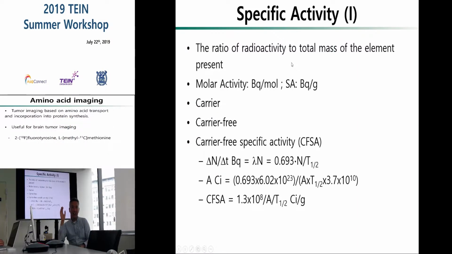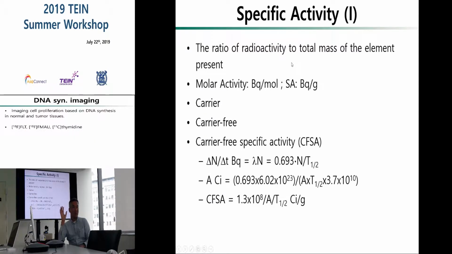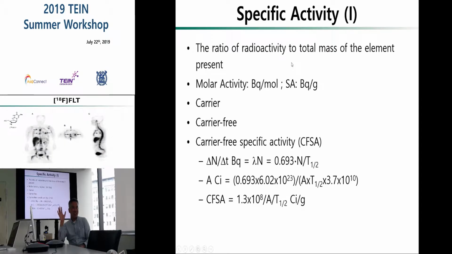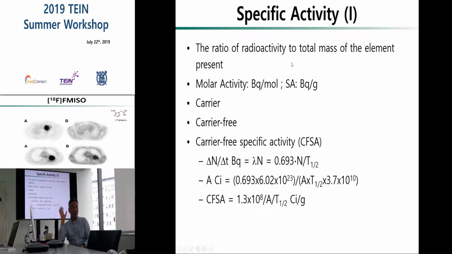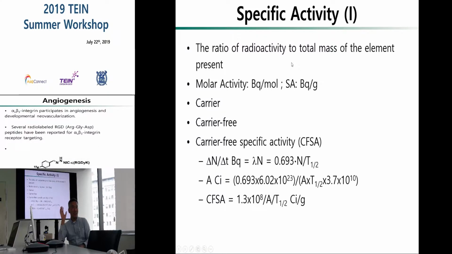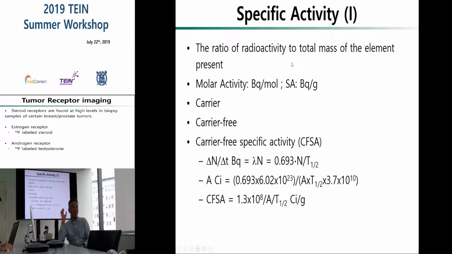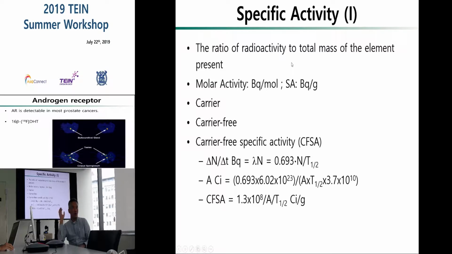For example, in the case of C11 raclopride, which can bind to the dopamine D2 receptor, unfortunately C11 raclopride can be accompanied by C12 raclopride, because our atmosphere has a huge amount of C12 and CO2.